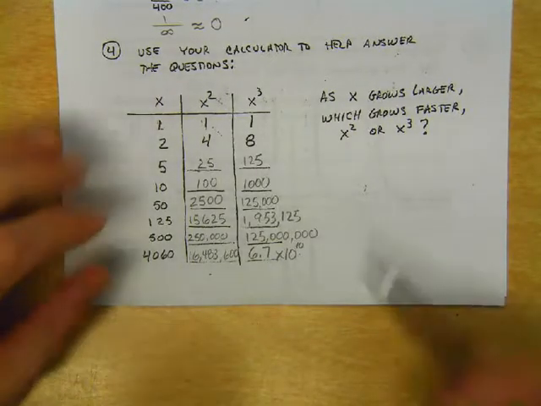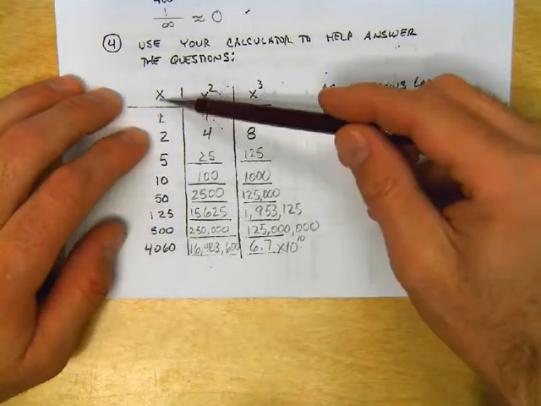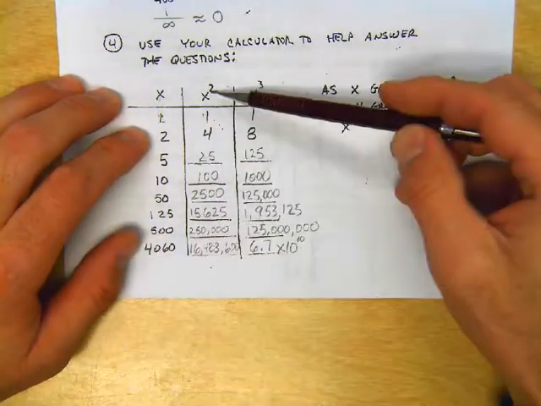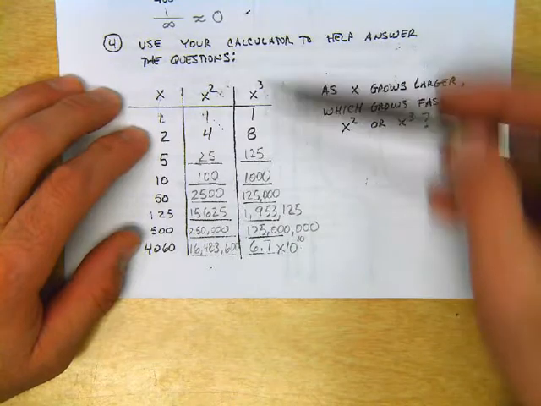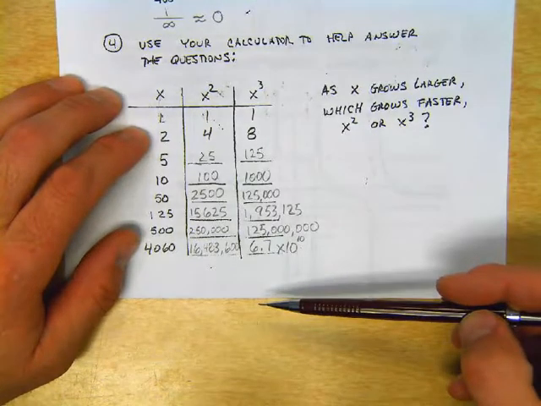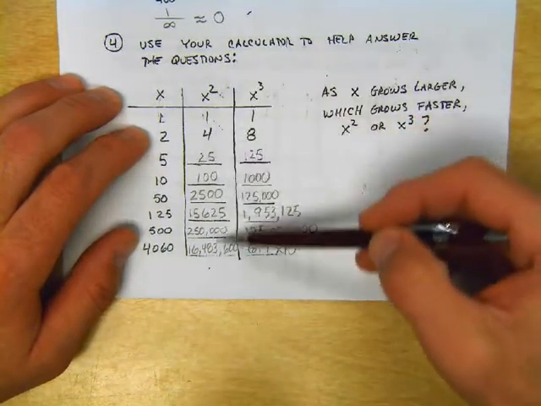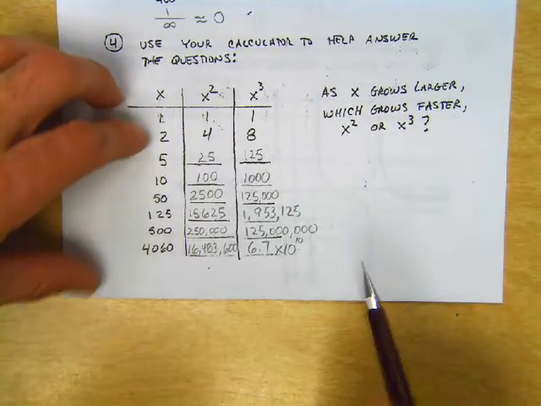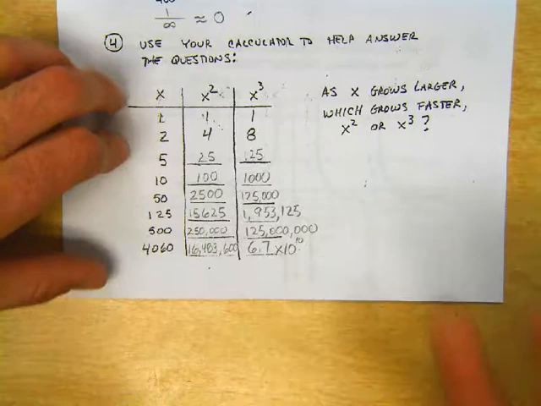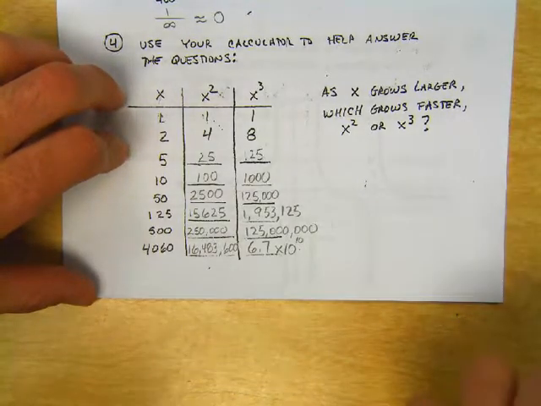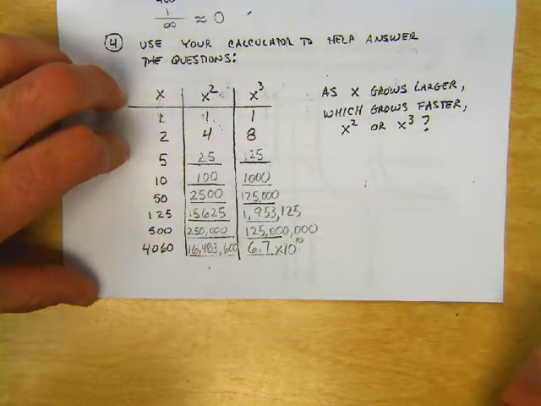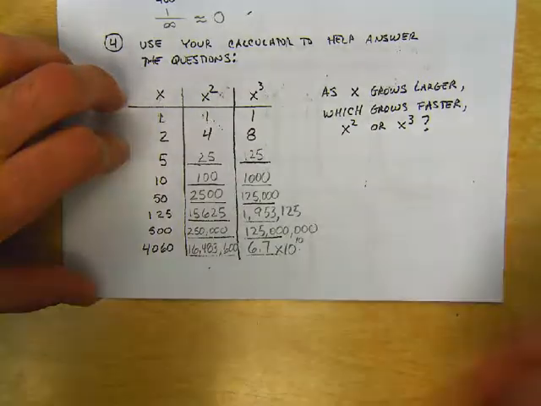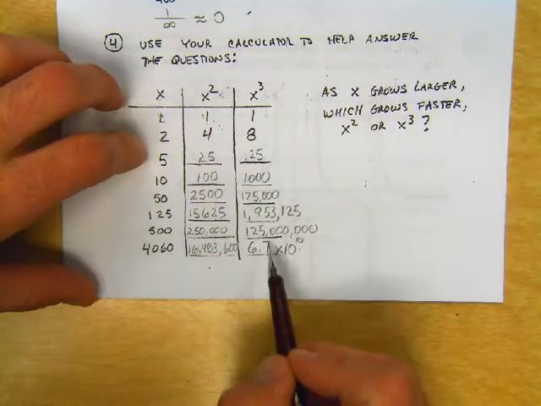And so, as x gets bigger, x squared gets bigger and x cubed gets bigger. But do you notice that they get bigger at different rates? And if we think about which grows faster, which grows bigger the fastest? X squared, or x cubed?